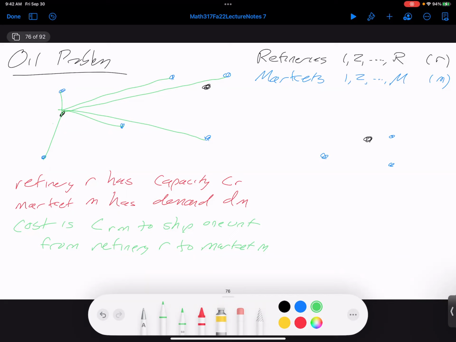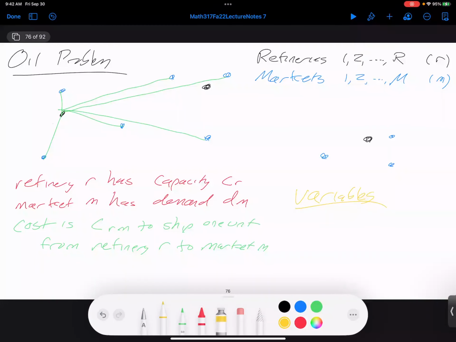So what do you think some of the constraints might be for this problem? Can anybody think of constraints? Or what should our variables be? We're trying to figure out how to ship oil, with a certain cost.